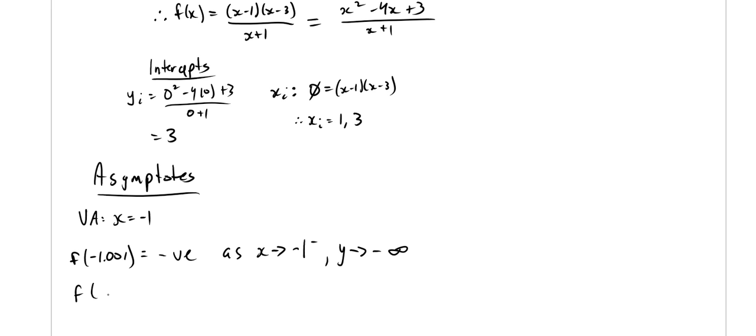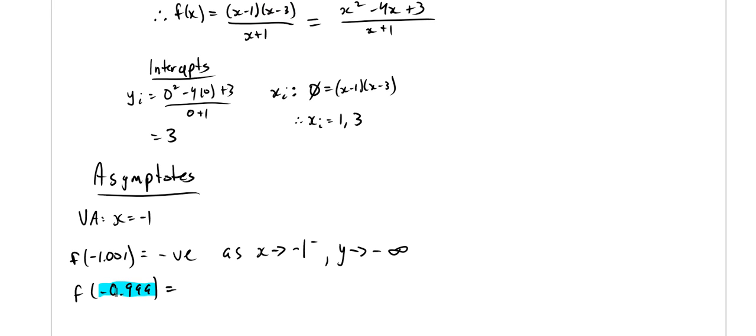Okay, do the same thing for -0.999. Negative minus something is negative, and a negative minus something else is negative, so they're still negative on top. But here's the difference.